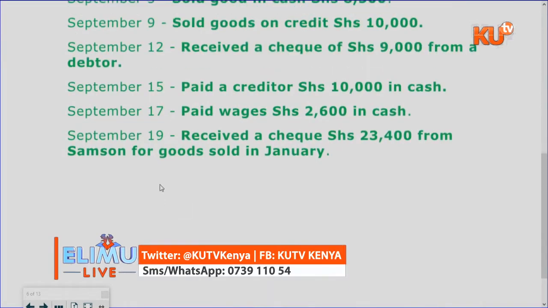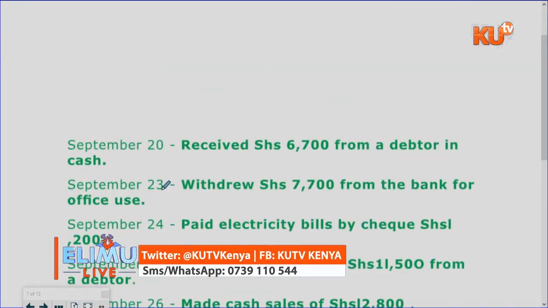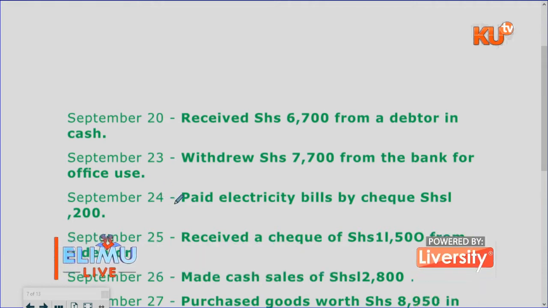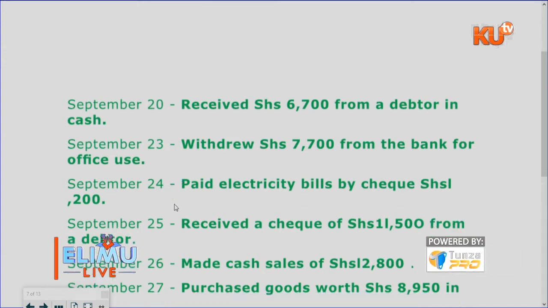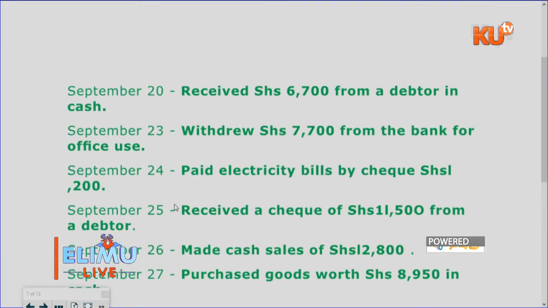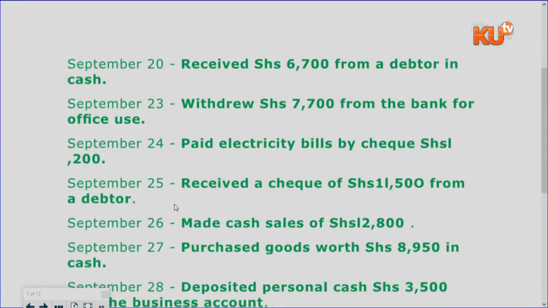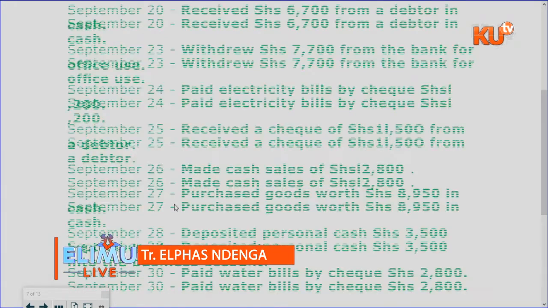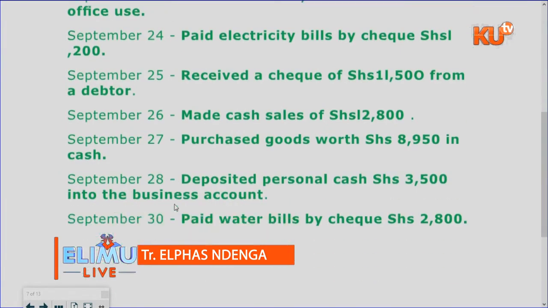And then we are told the next information is that on September 20th, received 6,700 from a debtor, then withdrew 7,700 from the bank for office use, paid electricity by check 1,200, received a check of 11,500 from a debtor, made cash sales of 12,800, and then purchased goods worth 8,950 in cash, and lastly deposited personal cash 3,500 into the business account, and then paid water bills by check 2,800. That is the question that we have.